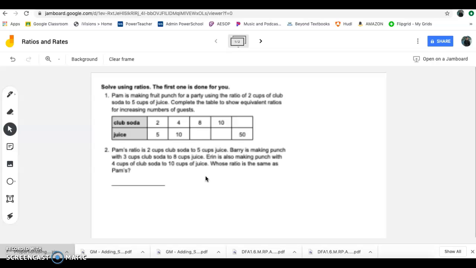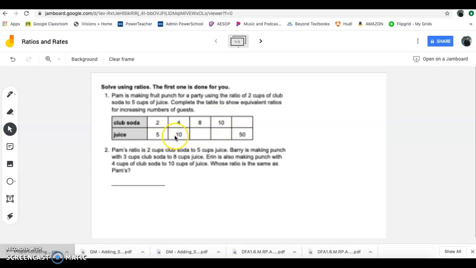So it says Pam is making fruit punch for a party using the ratio of 2 cups of club soda, so you'll find that right here, 2 cups, to 5 cups of juice right here. Complete the table to show equivalent ratios for increasing number of guests. So you'll notice it's going 2, 4, 6, 8, or I'm sorry, 2, 4, 8, 10.